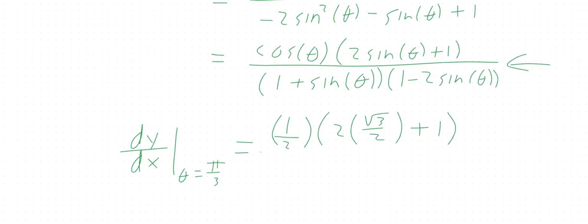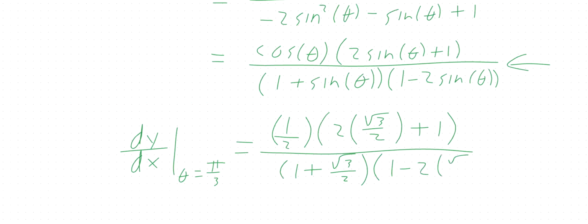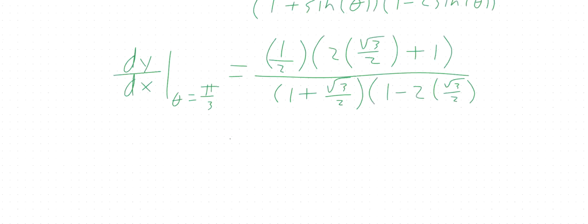On the bottom, 1 plus square root of 3 over 2, times 1 minus 2 times square root of 3 over 2. Let's do some simplification. So we have that 1/2 there, and then this is square root of 3 plus 1. And then down here, we're going to FOIL this, but for the time being, 1 minus square root of 3.